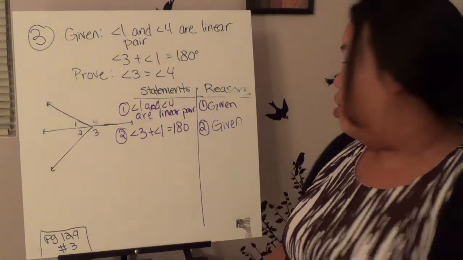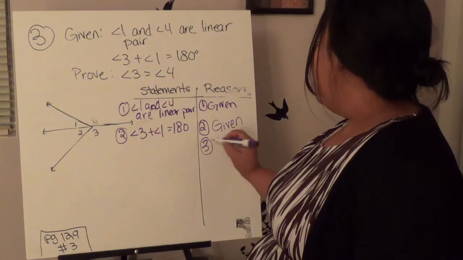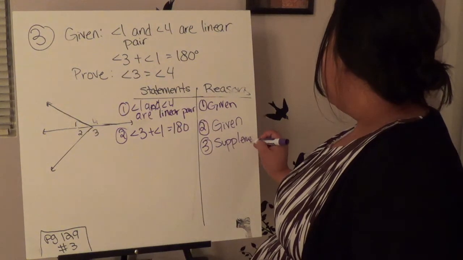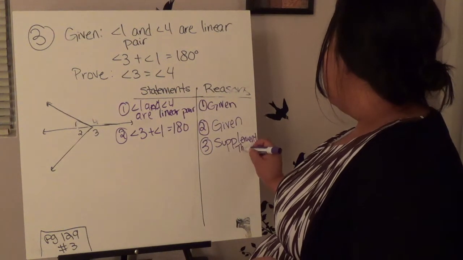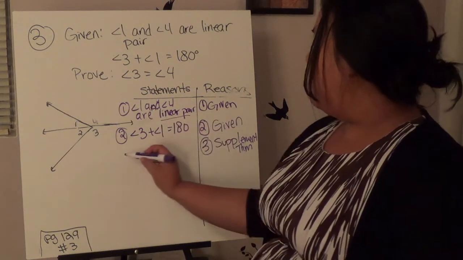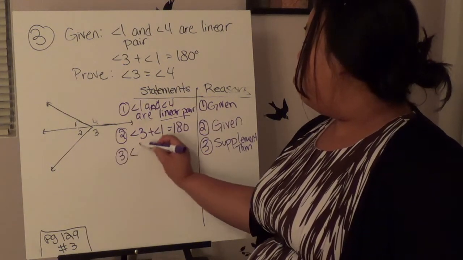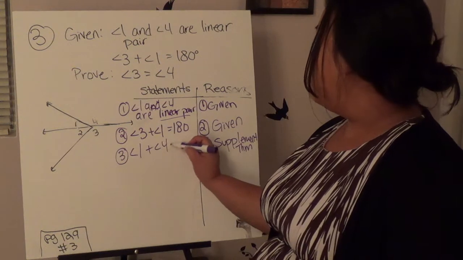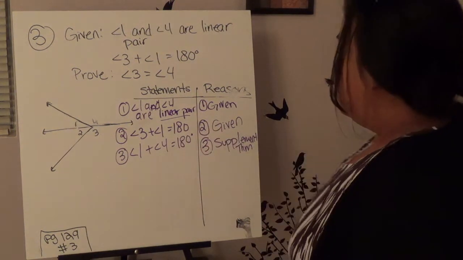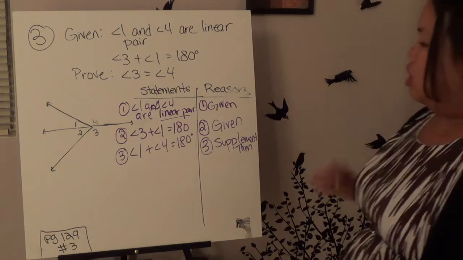The supplement theorem. So the supplement theorem tells me that a linear pair, this is the key word, so angle 1 plus angle 4 equals what? 180 degrees, because of the supplement theorem.